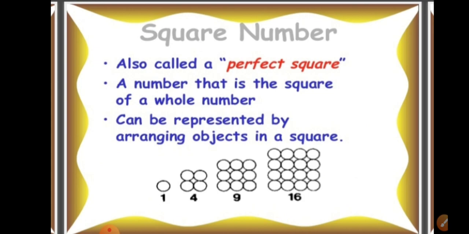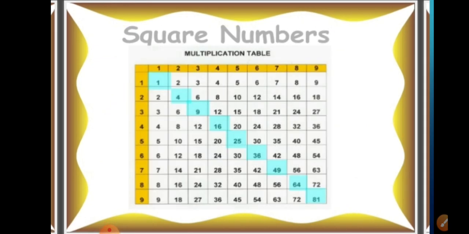See, this is 1, then 4, the square of 2, then 9, the square of 3, this 16, the square of 4, then 25, 36, 49, 64, 81. 1 is the square of 1, 4 is the square of 2, 9 is the square of 3, 16 is the square of 4, 25 is the square of 5, and so on.